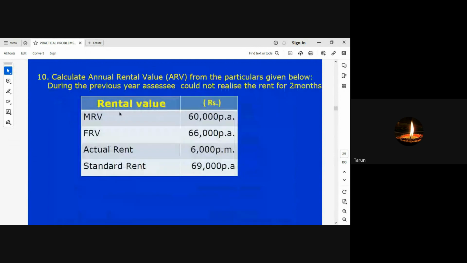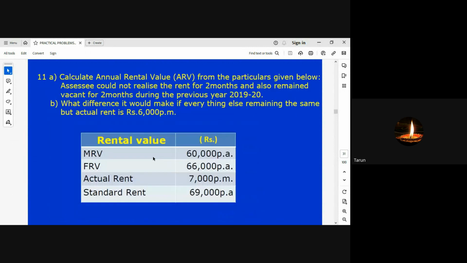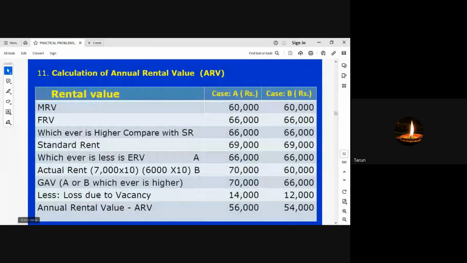See, these four values have been given. You need to calculate annual rent value, same rules to be applied, right? See, the loss due to vacancy, the theoretical concept and rules are already in that particular theory notes. So you have to apply the same thing.